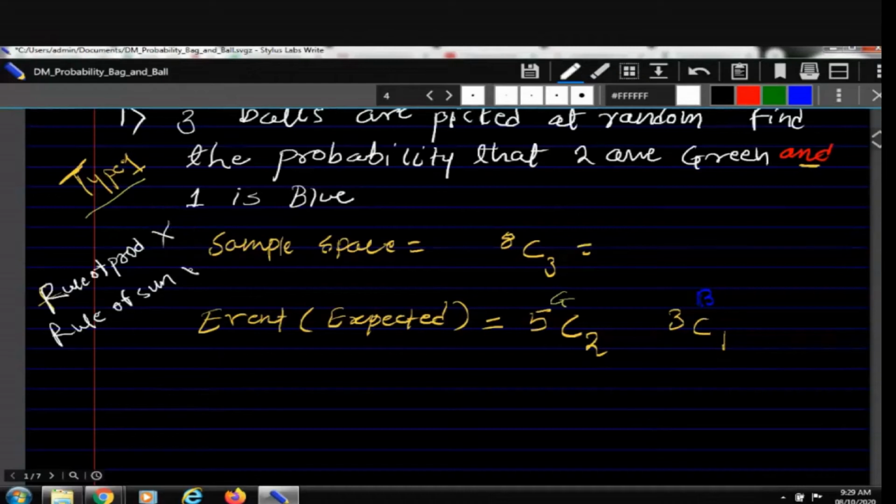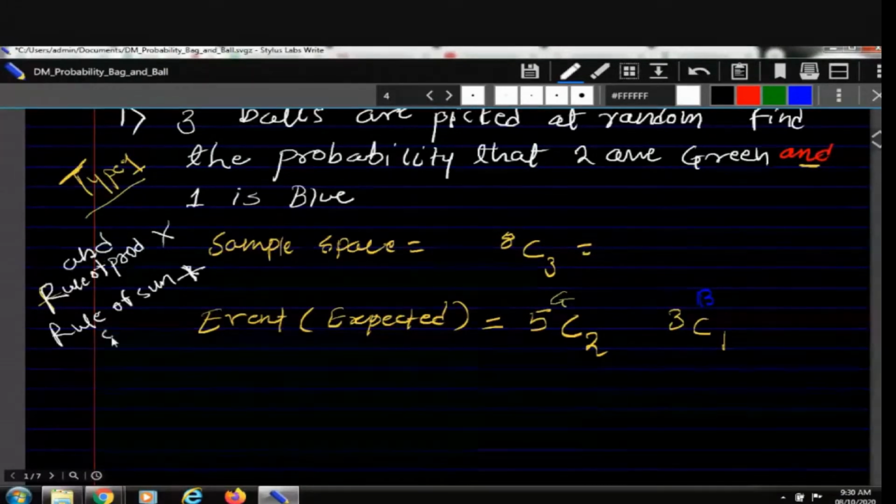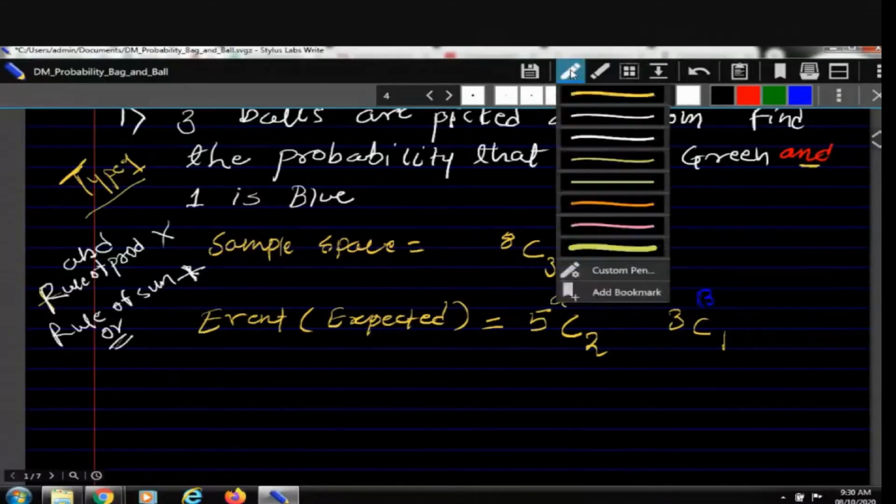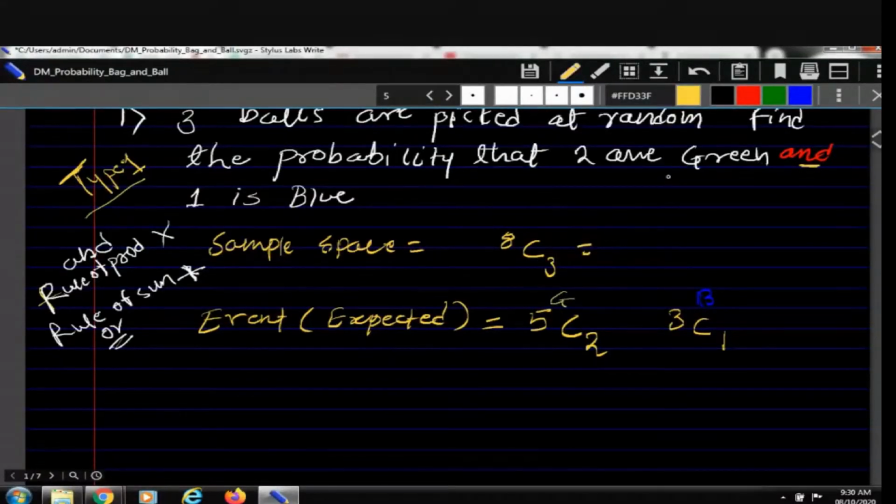Whenever there is a rule of sum, you have to use plus. And how to identify them? For rule of product, the word is "and", and for rule of sum, the word is "or". Wherever there is the word "or", you will put a plus sign. Wherever there is the word "and", you will put a multiplication sign. So in this case, we have the word "and" here, so we will put a multiplication sign.